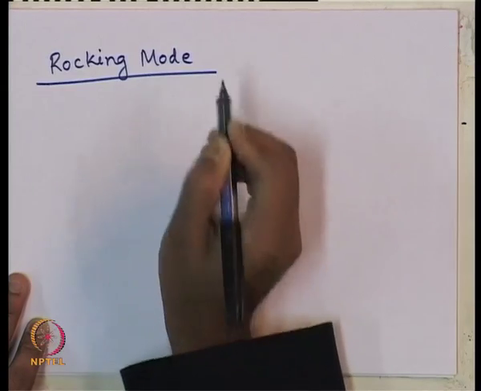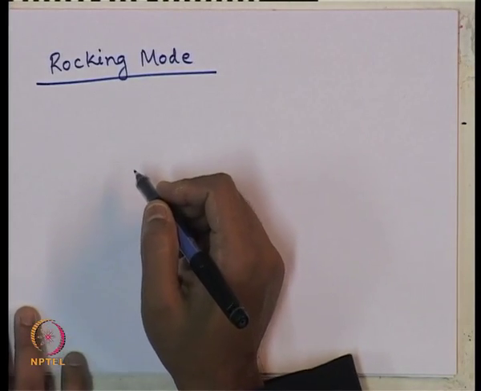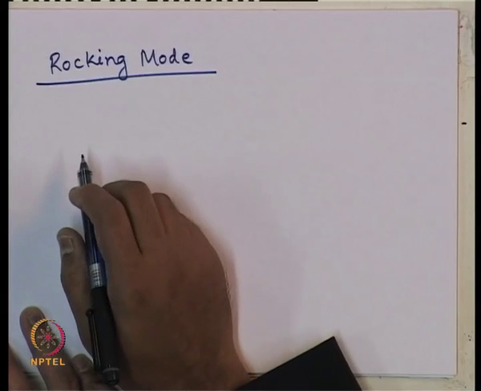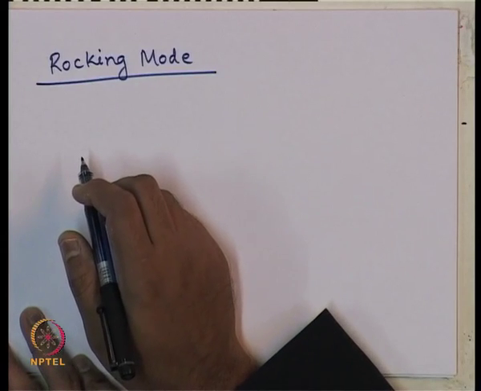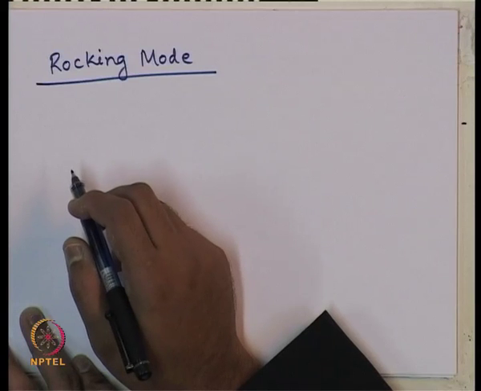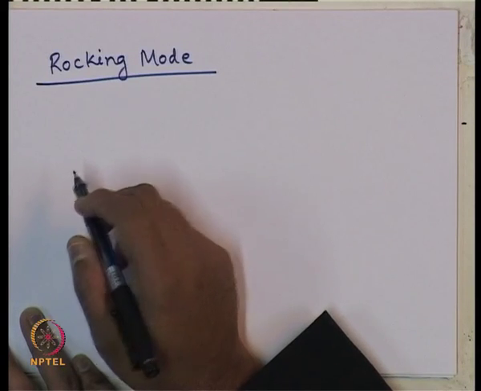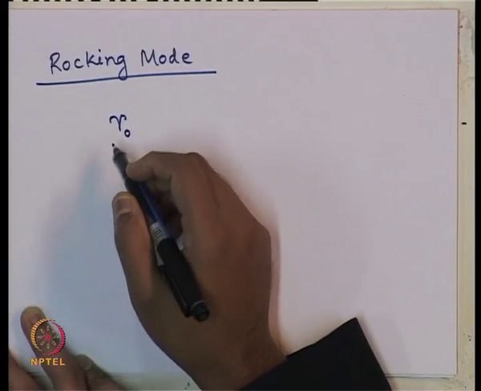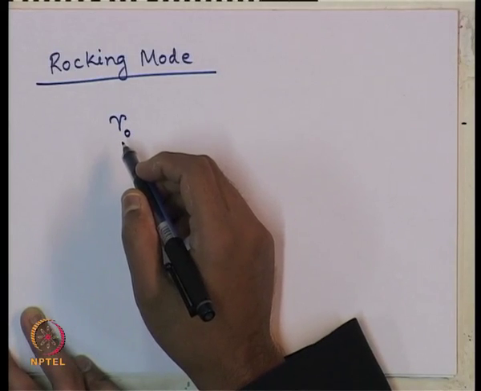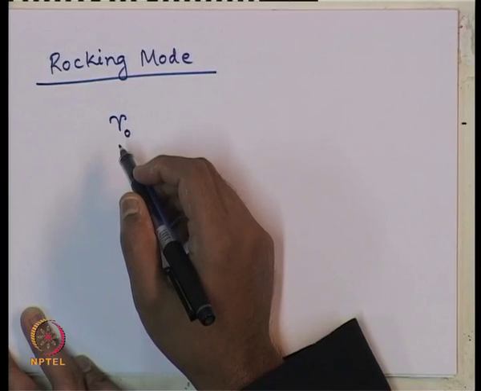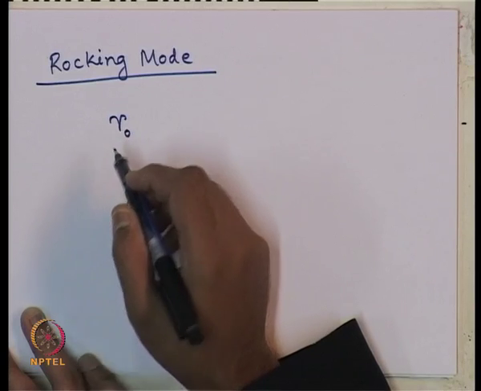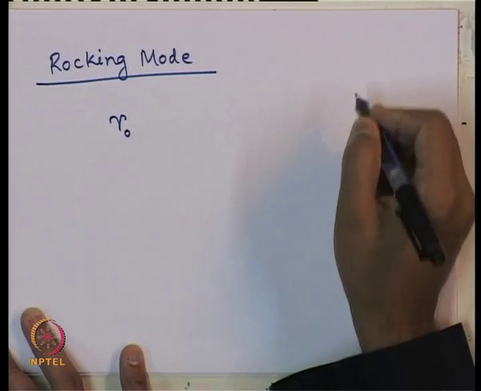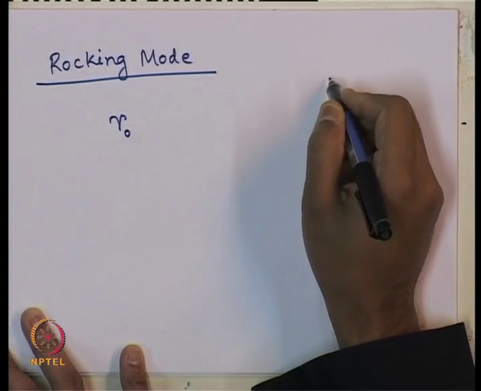In rocking mode, we have to find out the equivalent radius of a circular base. In this case, the R naught is not like previous equation, that is root over A by pi, not like that. Why? In the previous case, for vertical or horizontal mode of vibration, let me show you here.